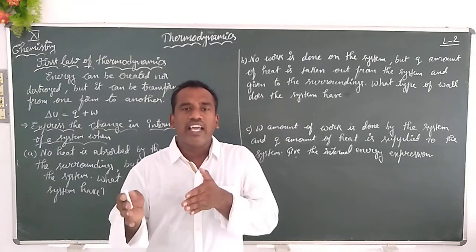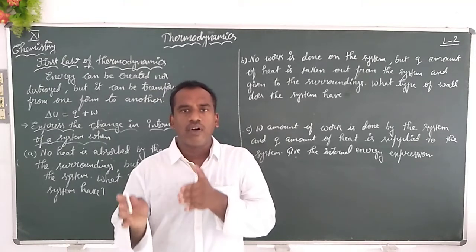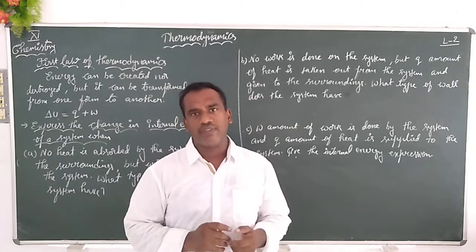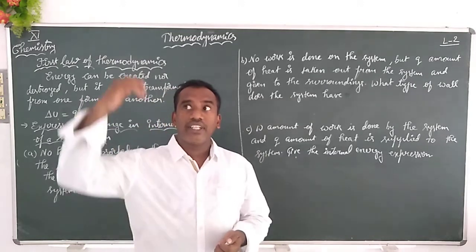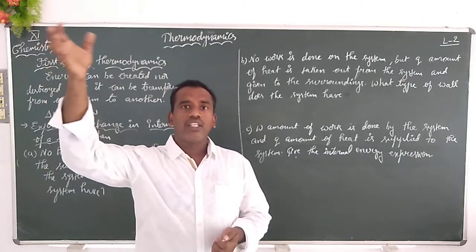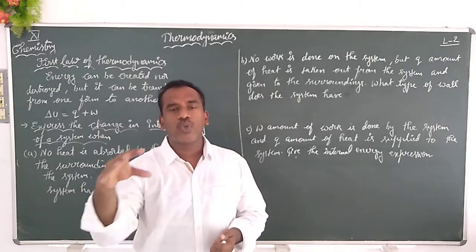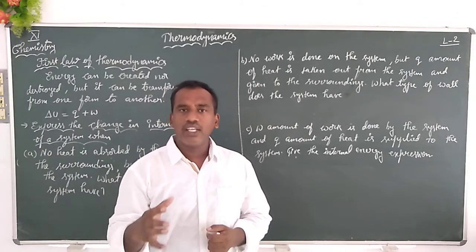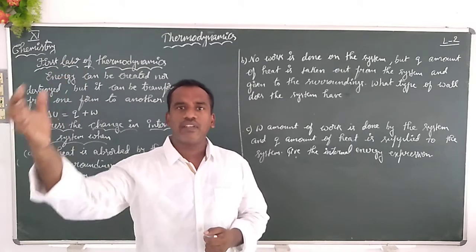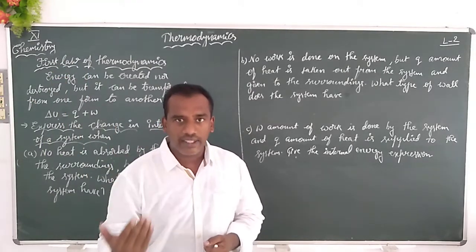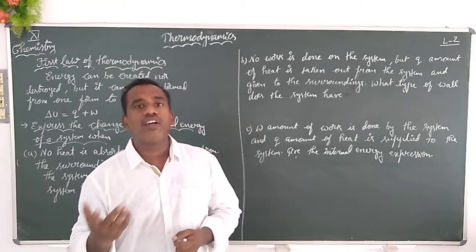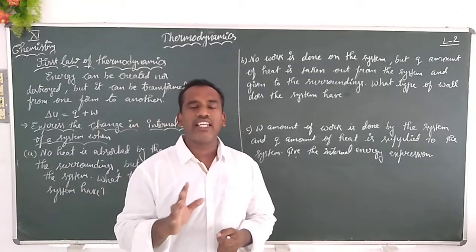Means the energy is transformed from one form into another. Or in a simple manner, nowadays we are converting solar energy into heat of the water, in a solar water heater. Is it not? We are converting energy from one form to another. But we cannot create new energy, or destroy the existing energy.